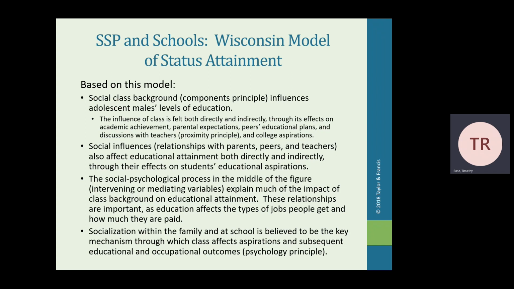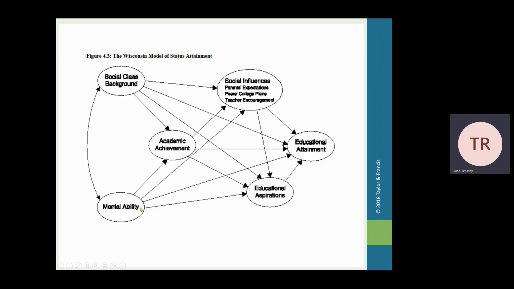And so it's important to recognize that socialization within the family and at school is believed to be the explanatory process by which class affects the aspirations and subsequent educational and occupational outcomes of the individual, which is the psychology principle. So while we have components principles in play, a huge amount of what actually is determining the psychology principle here is the proximity principle.